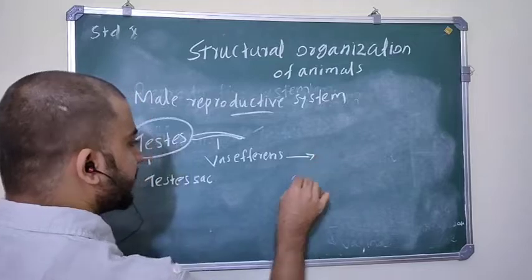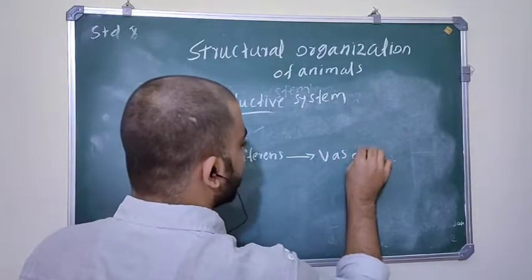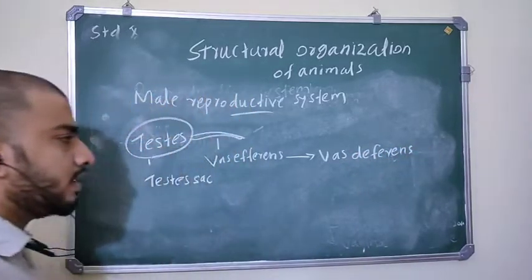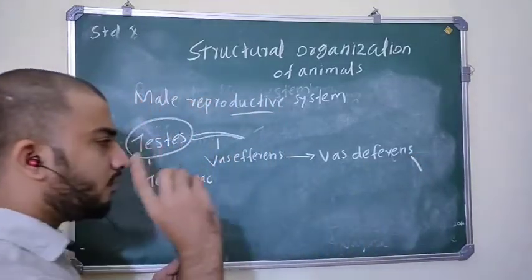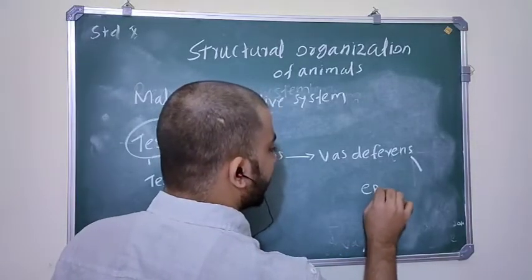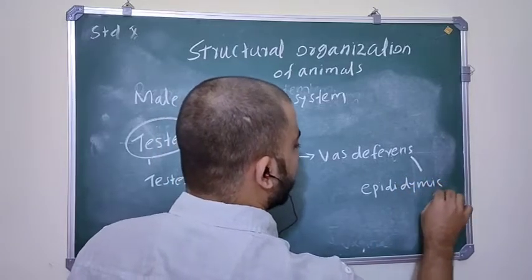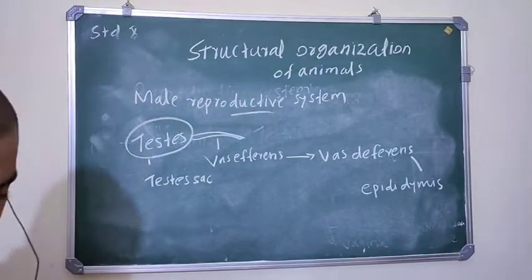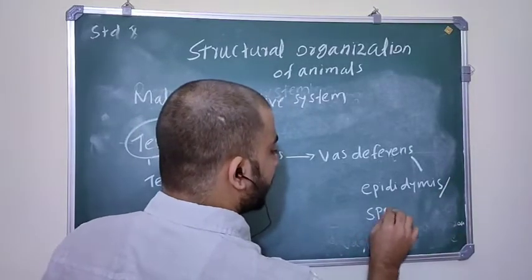This vas efferens joins with the next part, the vas deferens. Okay, and this vas deferens is convoluted and forms the epididymis. Then what happens next? This epididymis is also called the sperm vesicle.